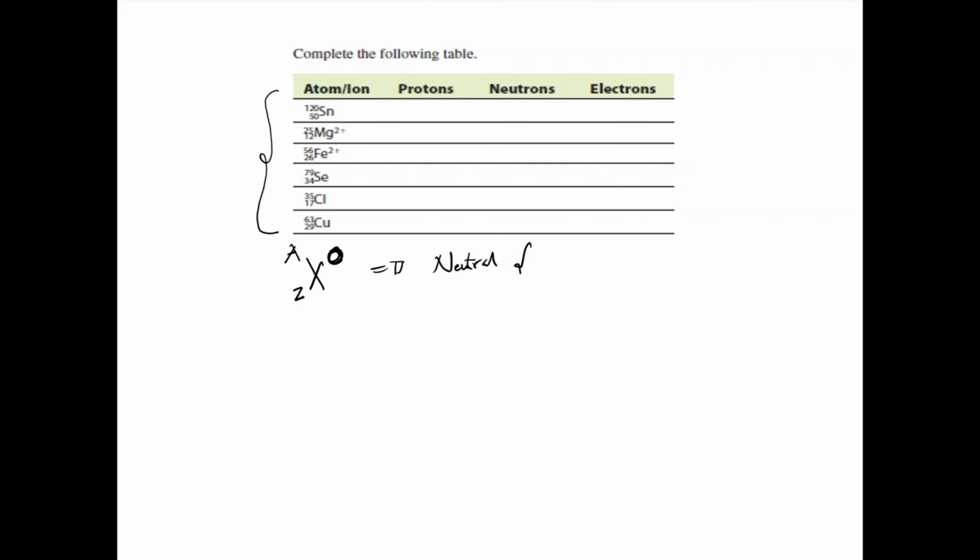In that case, the number of protons, which is the atomic number, is the same as the number of electrons. But if it is charged, whether positively charged or negatively charged, we are going to consider that appropriately whenever we are dealing with a charged chemical species.